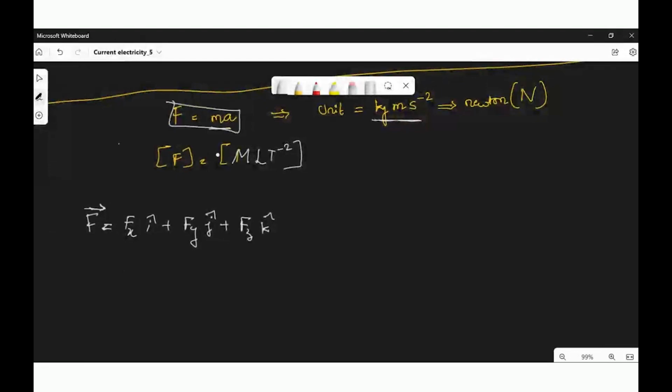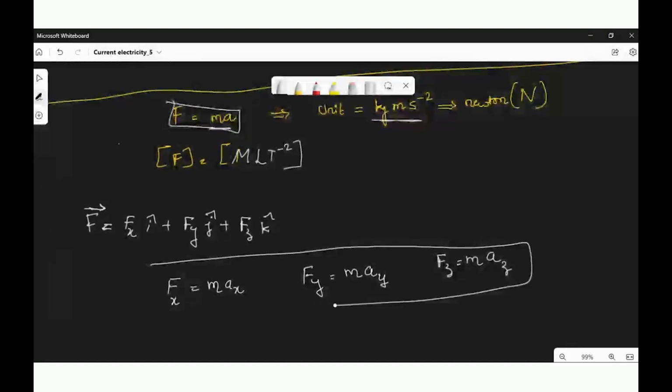So now, if I want to write F is equal to ma, I can write it in component notation. Fx will be equal to mass into acceleration along x-axis. Similarly, Fy is equal to mass into acceleration along y-axis, and Fz is equal to mass into acceleration along z-axis.